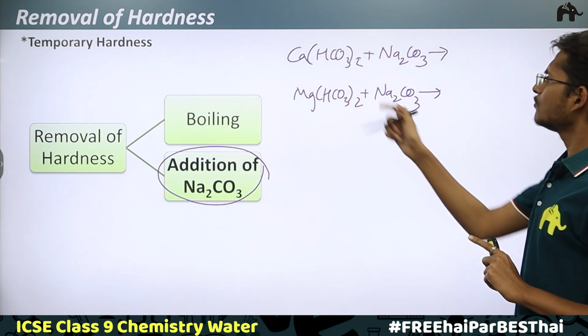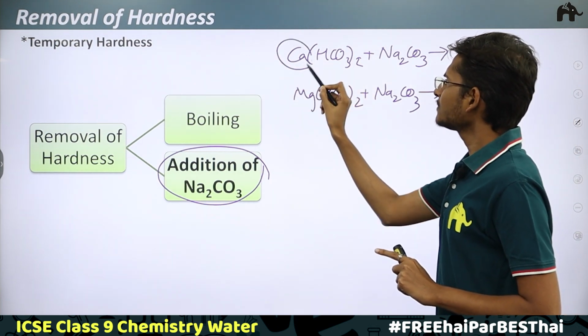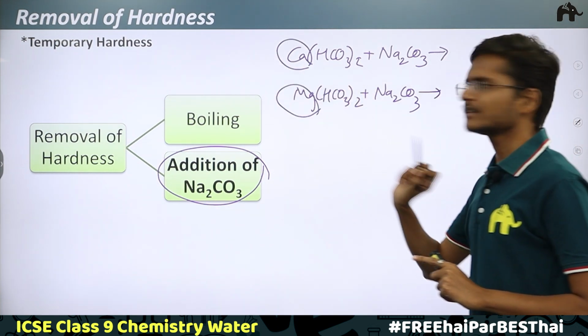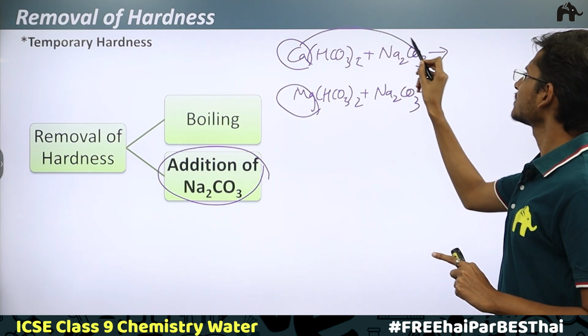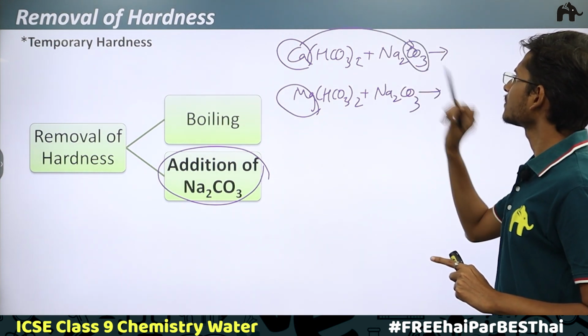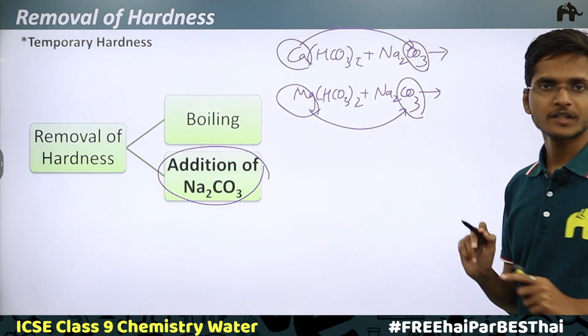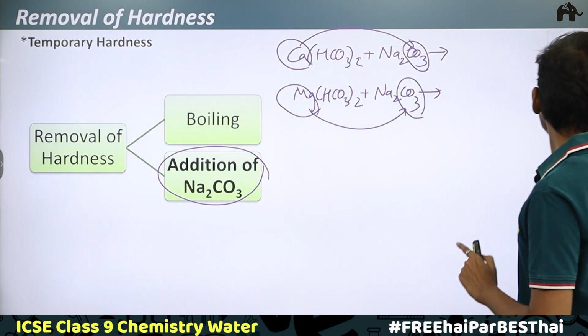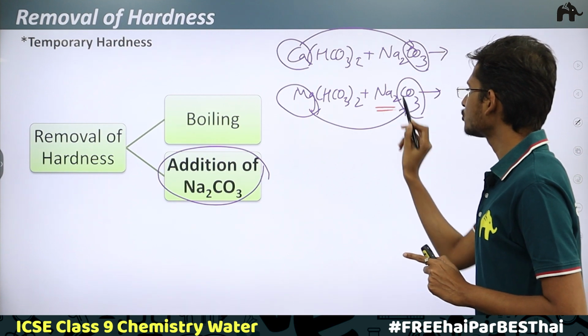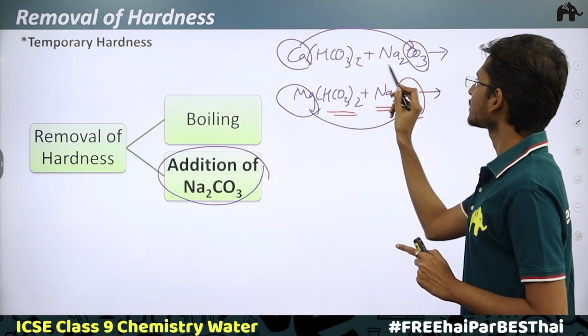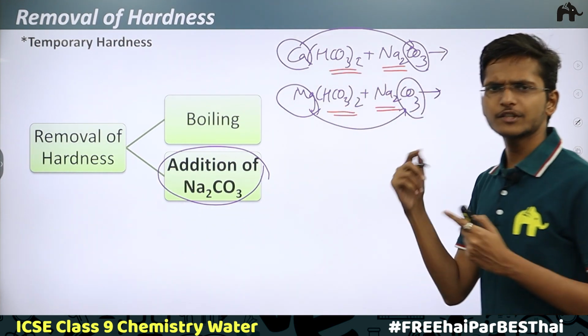What happens is, you can think of it this way: the calcium or magnesium picks up the carbonate, CO3, of the sodium, and the 2 sodium and the 2 bicarbonates pick up each other, and they form the respective compounds. I'm telling you the trick to remember.